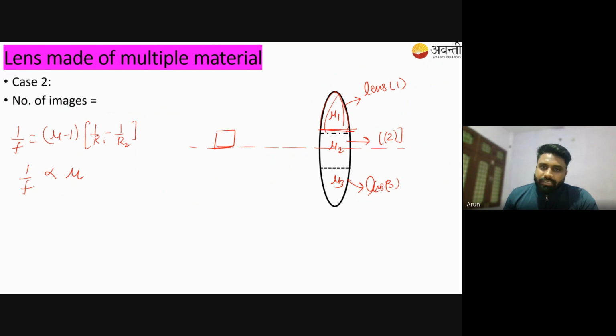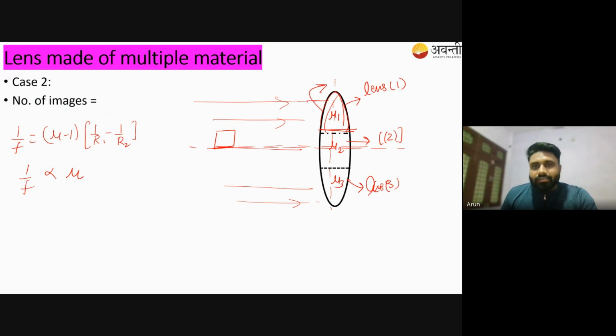So how many mu do we have? We have 3 mu, coming in the lateral direction. The rays are going to travel in this direction. Understand that this part is a different material because it refracts the ray at a different position.